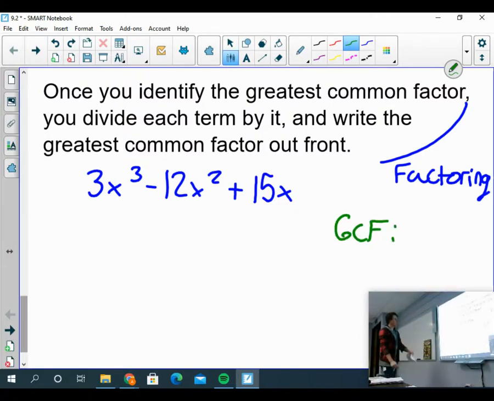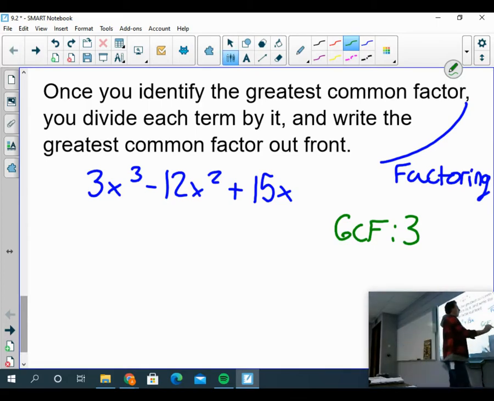When I look at this, I notice that the greatest common factor of the coefficients would be a 3, and of the variables, it will be an x. Again, if you are unsure of this, go ahead and write this out, and you will quickly see the greatest common factor is 3x. Again, if you're struggling with that, let me know.